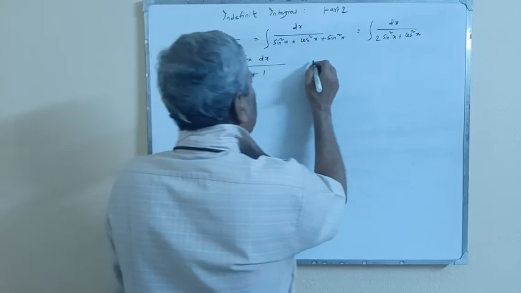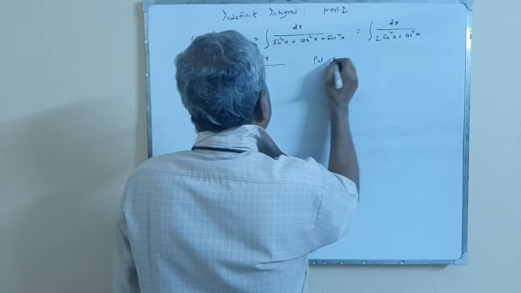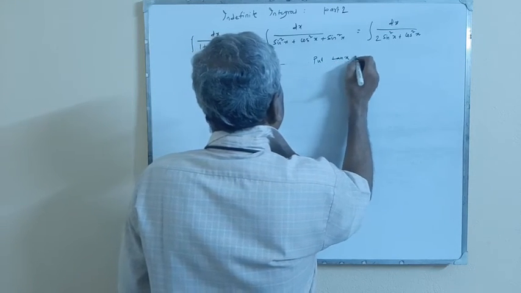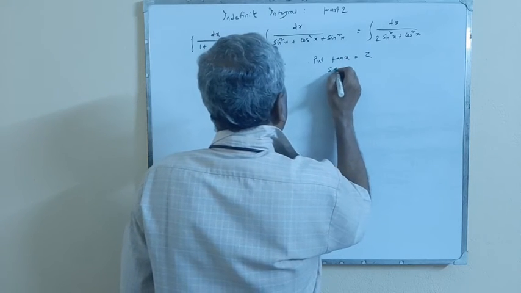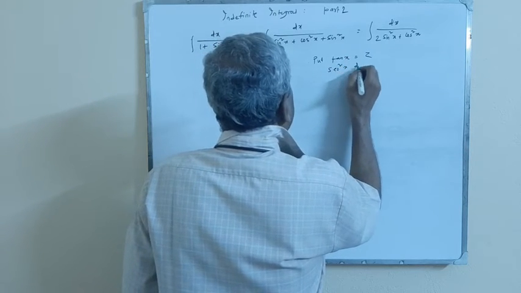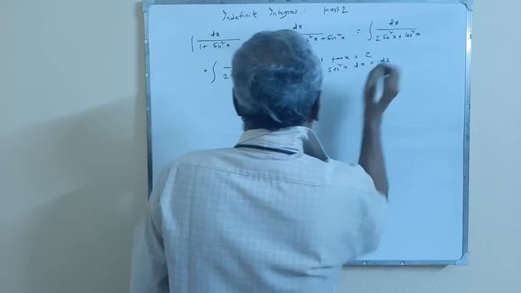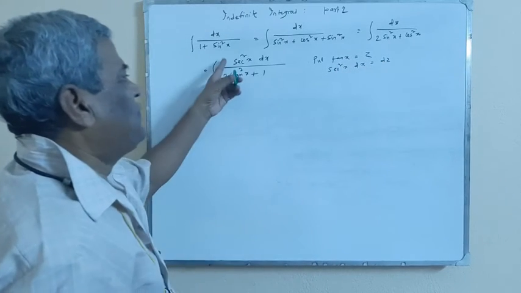Now, if I put tan x equal to z, then sec square x dx is equal to dz. In that case, the derivative is ready here.